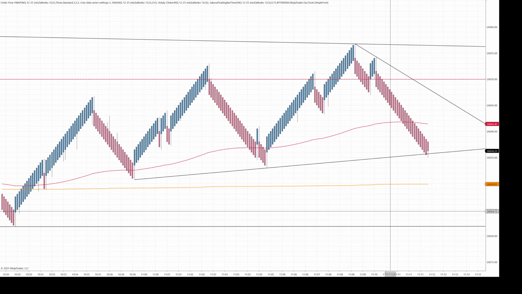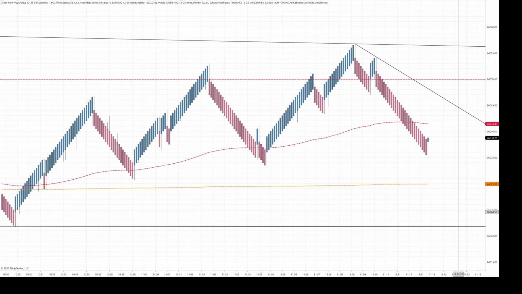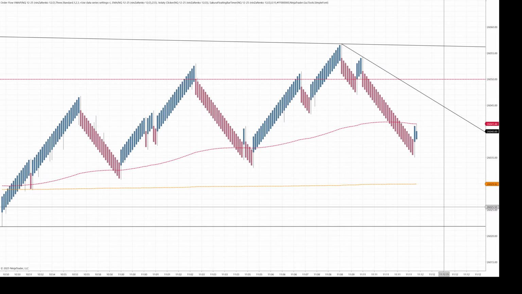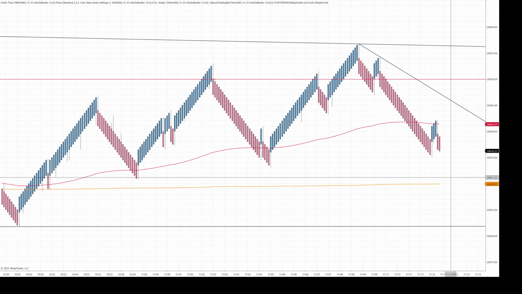Maybe we will if we get the VWAP bounce instead. We don't have room to take it bearish because VWAP's in the way.